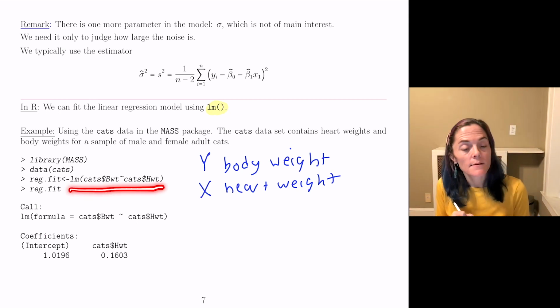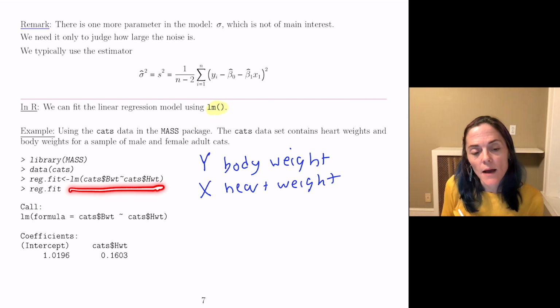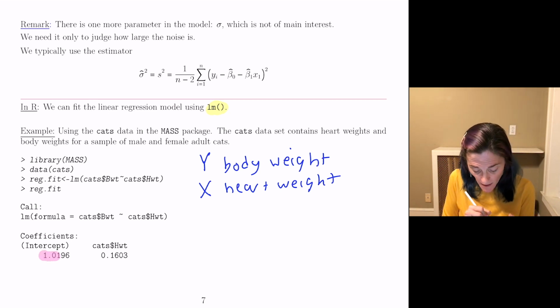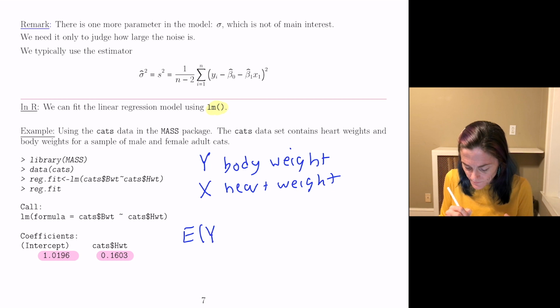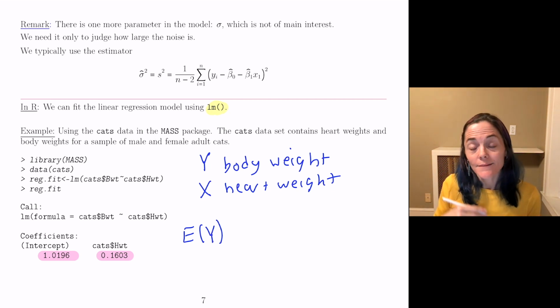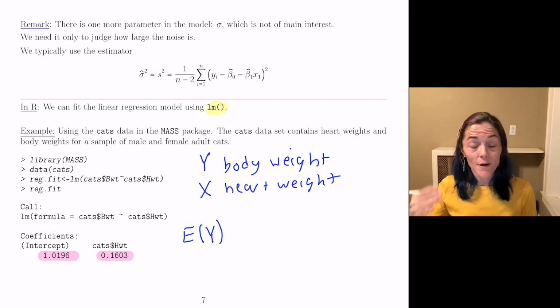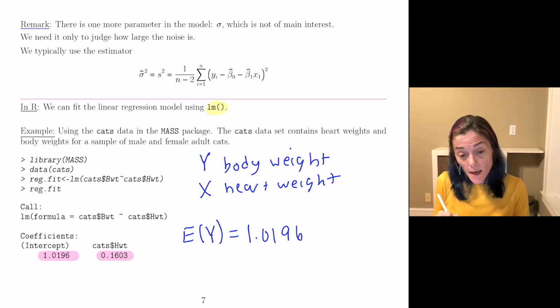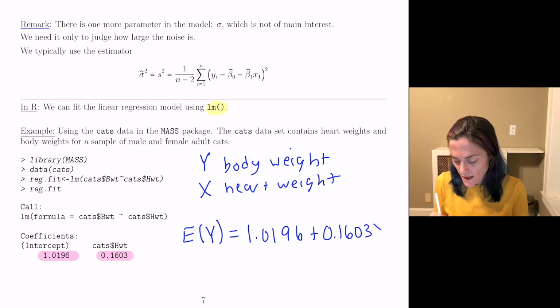Then I use this linear model function that we've used before. So it gives me these coefficients. What does this mean, or how can I interpret this? Well, this is the beta 0. Here is the beta 1. So what we get from this, the expected value of y given an x value, or the predicted value of y, would be here. Here's my intercept, and then plus 0.1603 x.